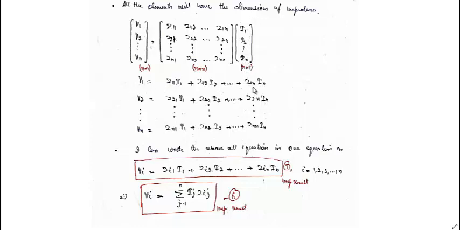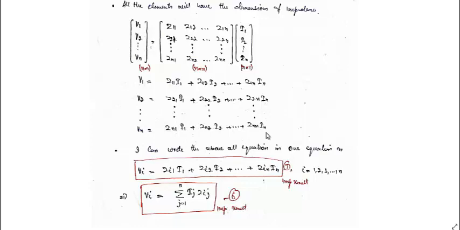If you simplify it like this, V1 is equal to Z11 I1 plus Z12 I2 plus Z13 I3, up to Z1n In. So the first equation will be this. The second equation for V2 will be Z21 I1 plus Z22 I2 plus Z23 I3, up to Z2n In. This will be V2.